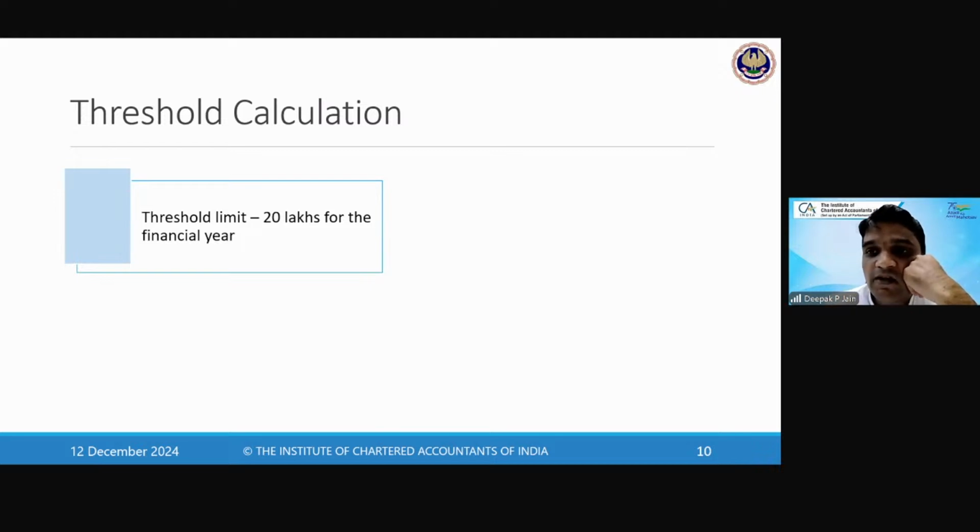In value of supply, can we include TCS? No. That's what we are saying, that the TCS effect will not be there. TCS is a tax collected at source on top of the supply. So if I make a supply to you for 10,000 rupees, in the invoice I will show 10,000 rupees and I will show, say, 100 rupees extra as TCS.